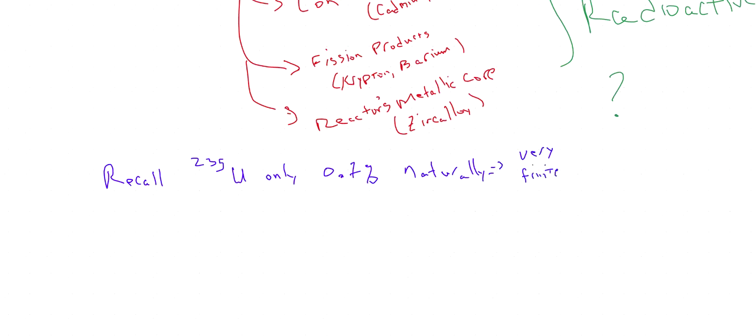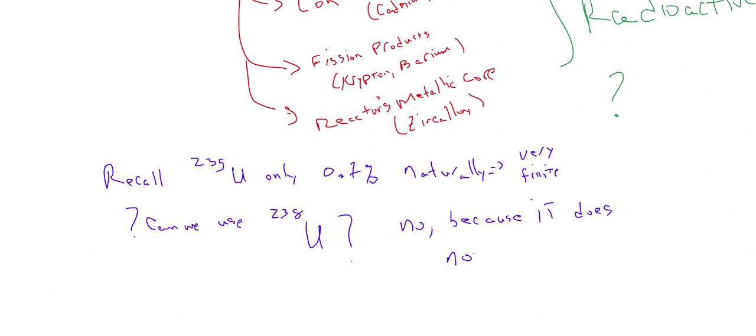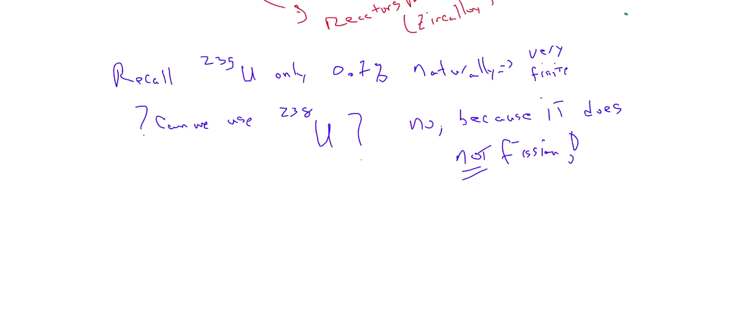So can we use the uranium-238? The answer is no, because it does not fission. But they can make it into a fuel that can fission. Now remember, this uranium is 99.3%. So there's lots more of this stuff.